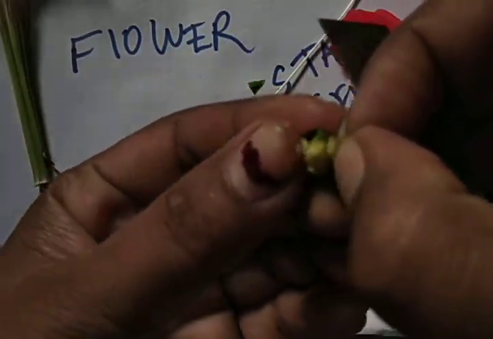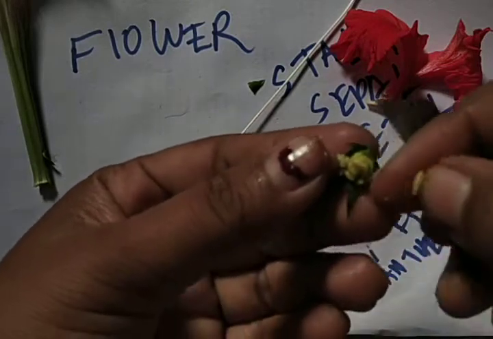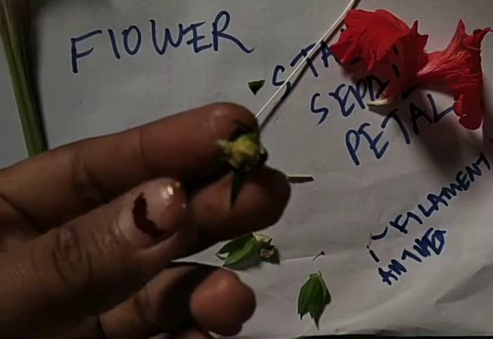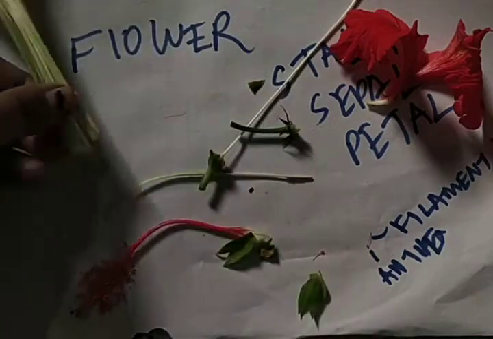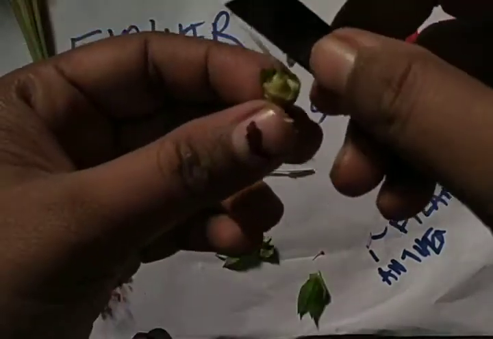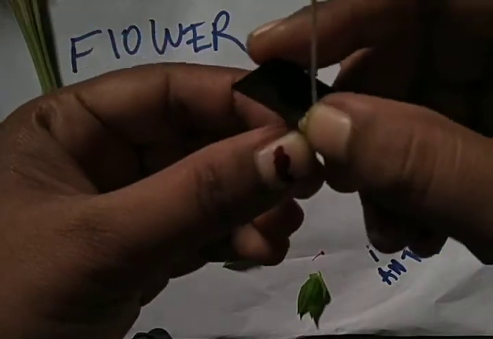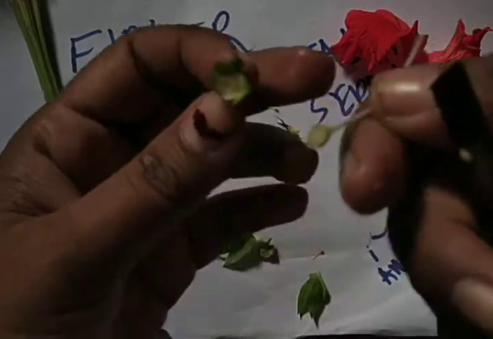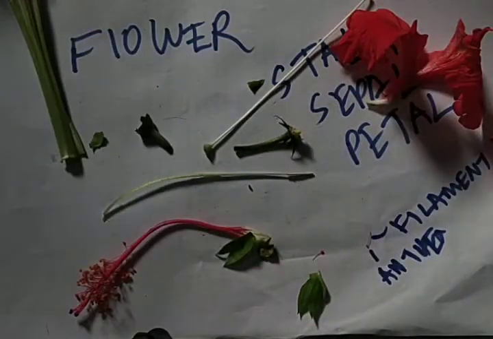Inside it you can find small ovules, which are not clearly visible, but you can find them. Here also, if you cut this, you can find the ovules inside. So this is about the different parts of plants. Okay, then thank you.